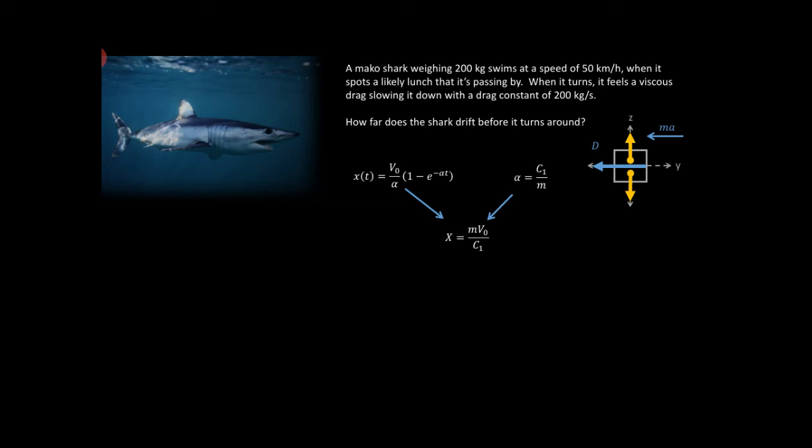So let's see, what do I want to do now? I want to find that x. I want to find this guy, right? So I have x is equal to m times v naught over c1. And I happen to have all those values. I have a 200 kilogram shark.